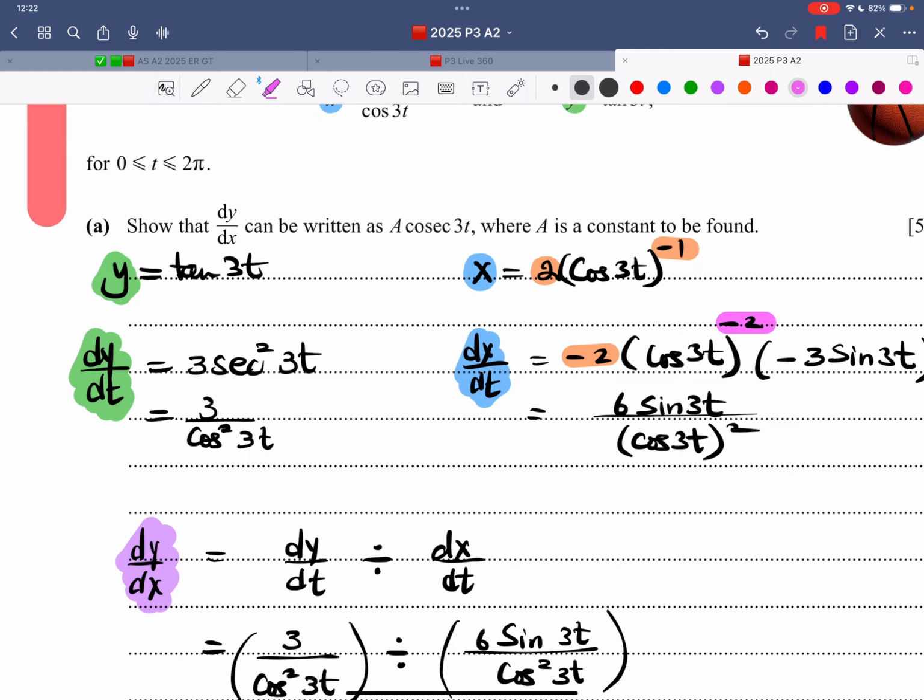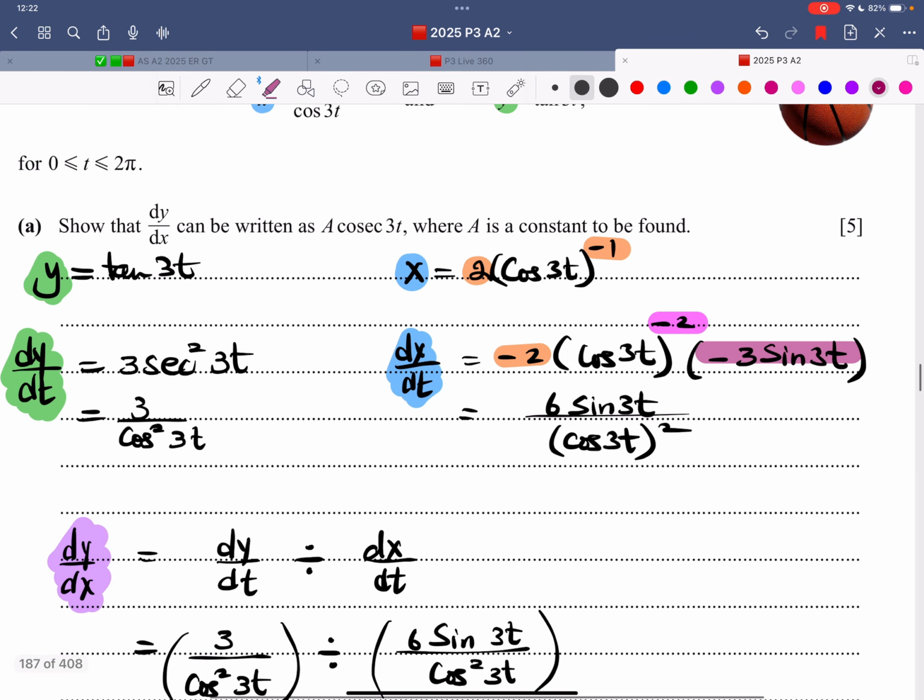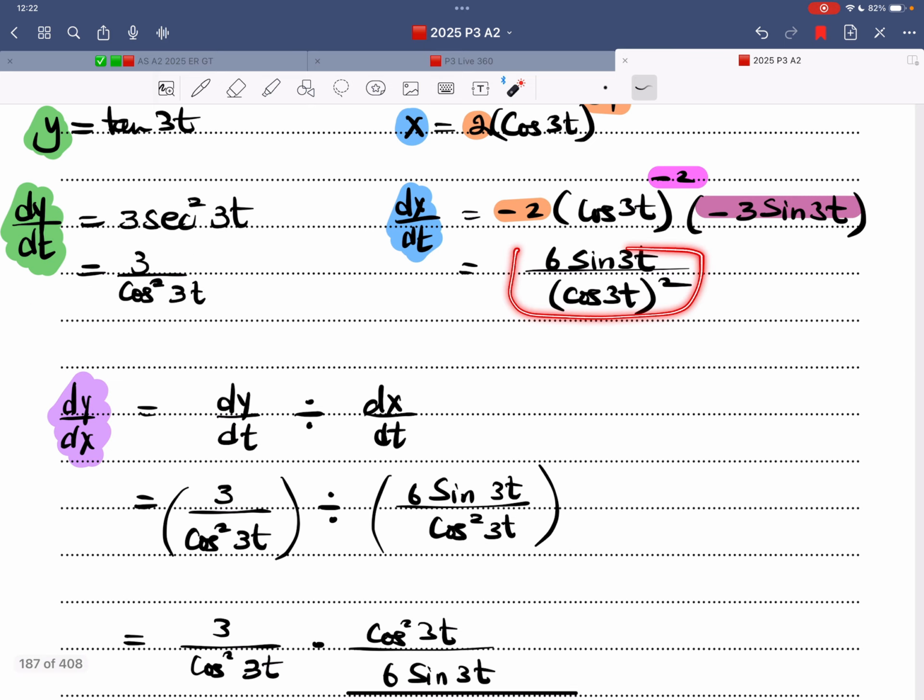This power reduces by 1. Don't forget the derivative of the bracket, -3 sine 3t, since the derivative of cos is negative sine. Then it simplifies to this.